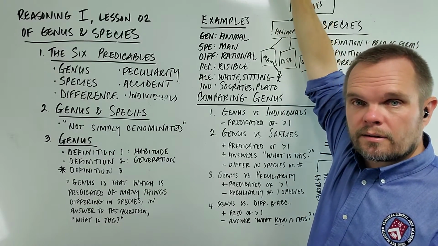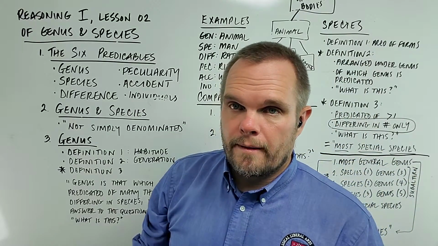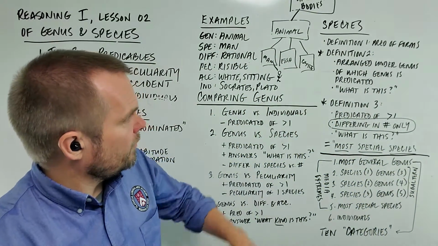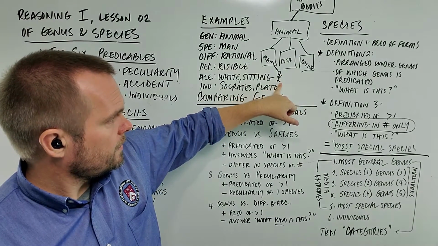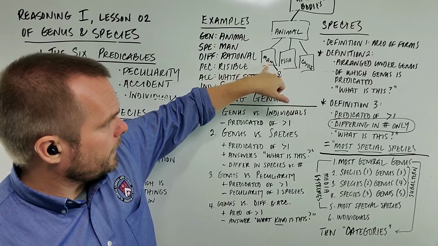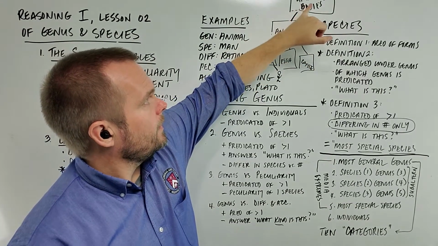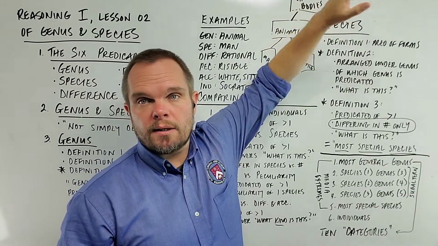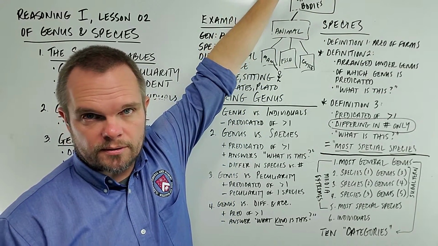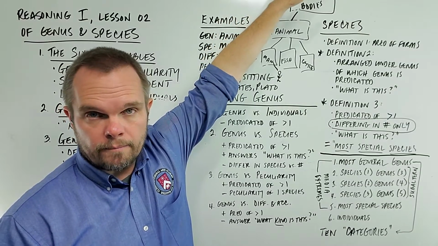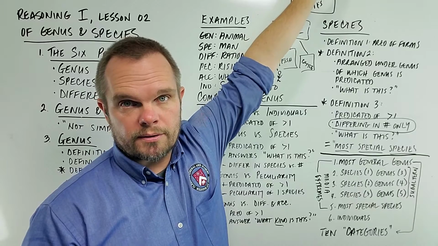The highest genus is substance. Okay? Substance. So if we start at Socrates, we would go, Socrates belongs to man. Man belongs to animal. Animal belongs to animated bodies. Animated bodies belongs to bodies, and so on, and so on, and so on, until we finally got to substance. And that would be the end, because there would be no genus above substance.